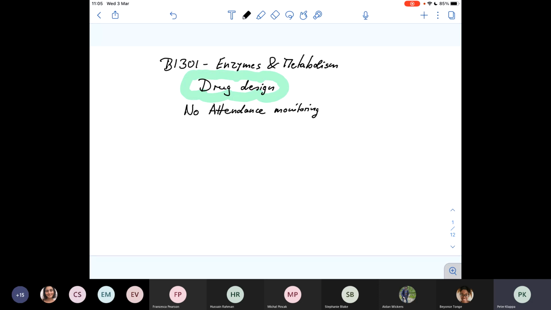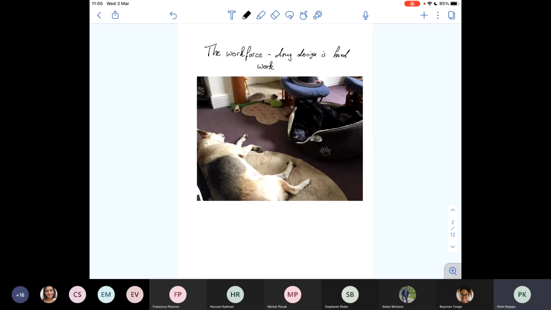And how do you actually find such a drug? Let's not forget, drug design is really hard work. Here's a picture of what this looks like. So here's the workforce, and they're working extremely hard.